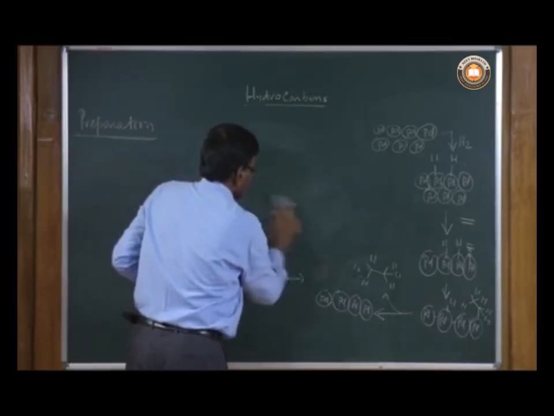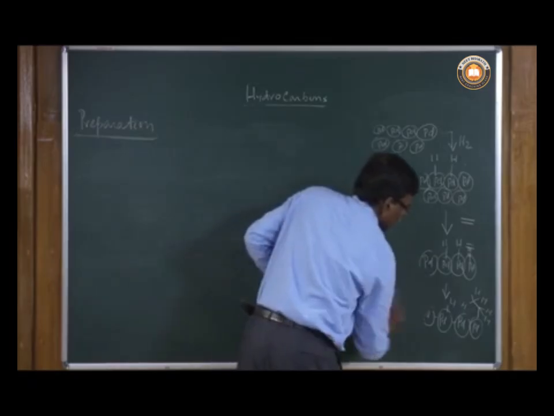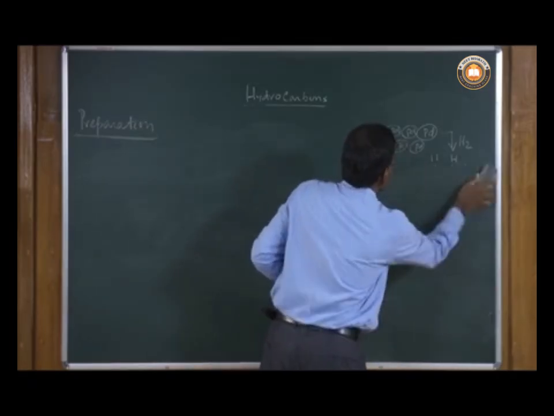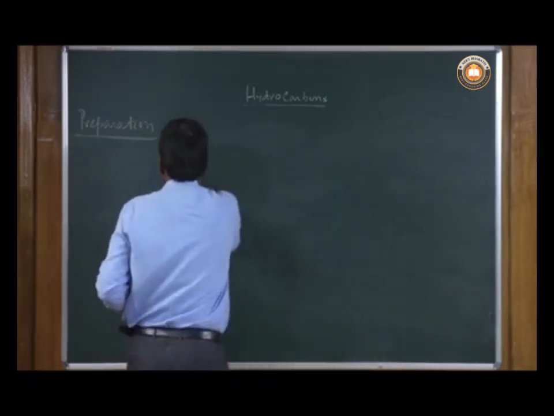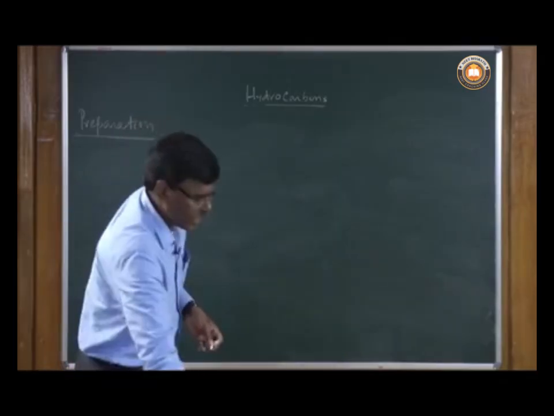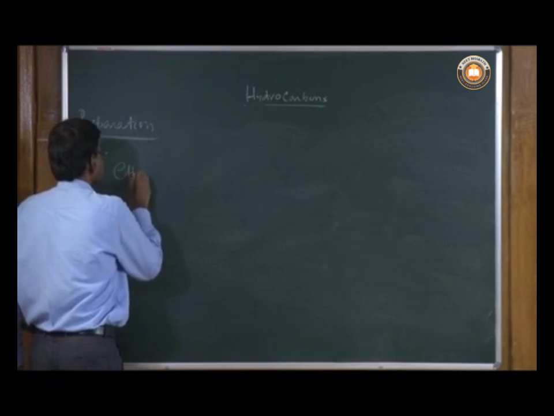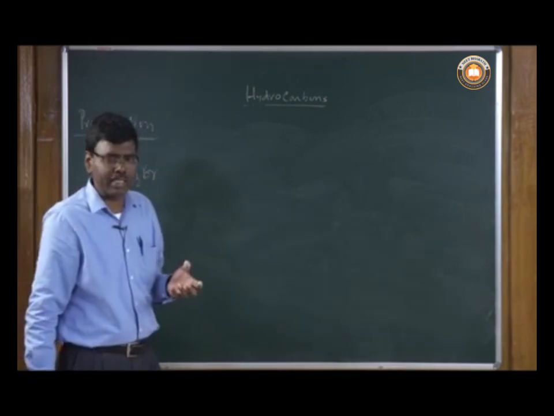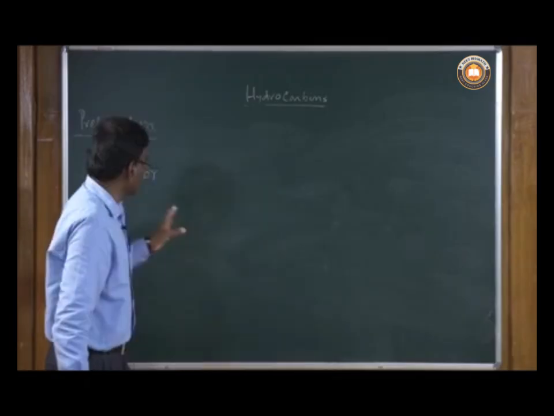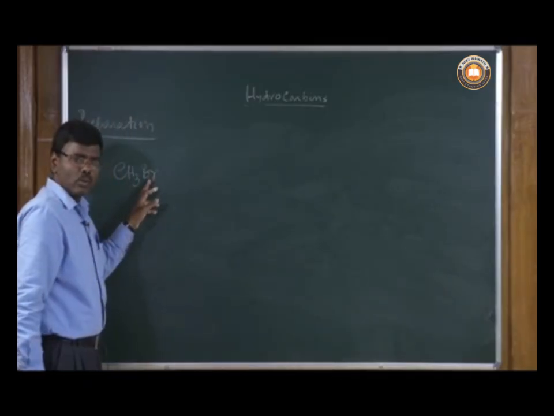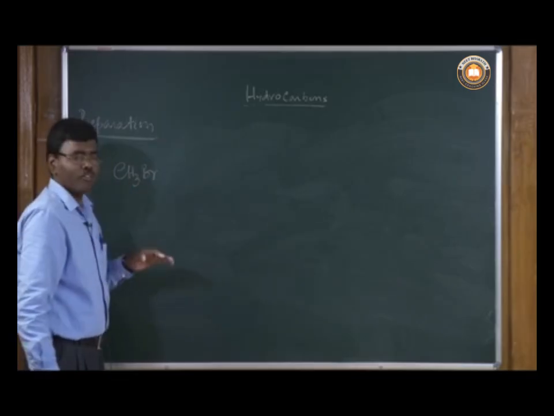The second example is reduction using nascent hydrogen. If you have an alkyl halide like bromomethane or bromooctane, or any, it can be chlorine or iodide, no problem, but if you have fluorine it does not react.